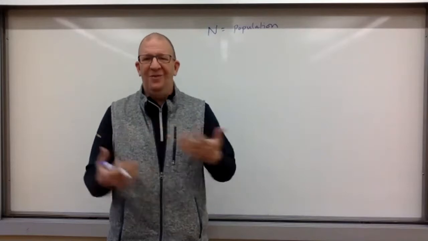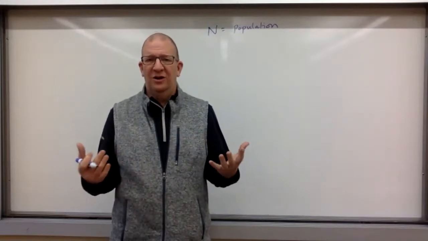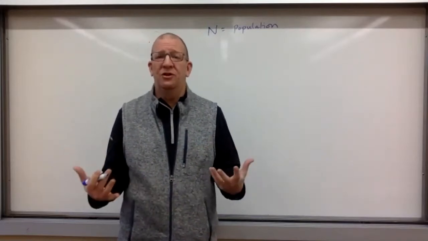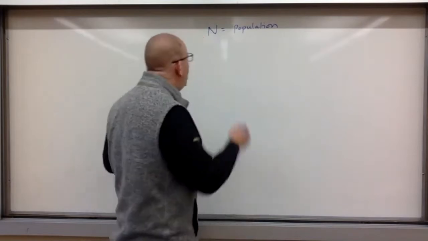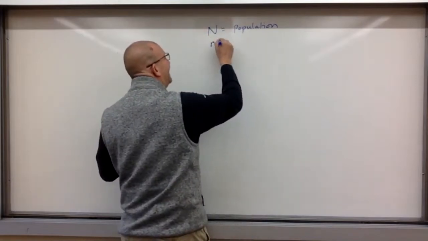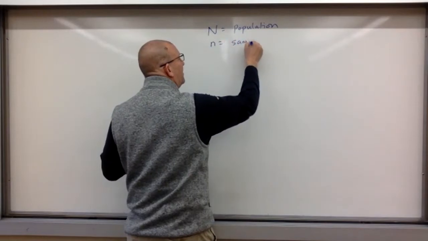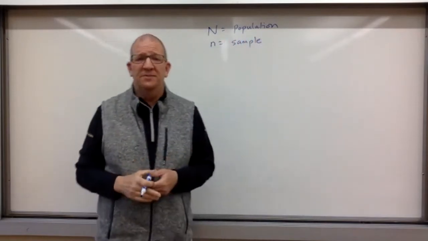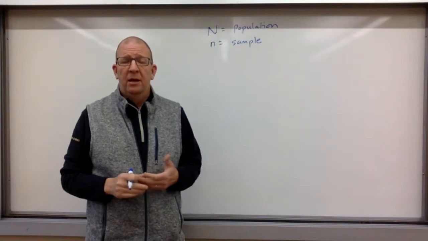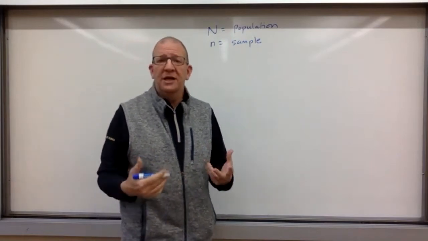But we can't really ask a question to an entire population of subjects, right? So what we do is we pick out little n, which is a sample. Now, there are lots of questions about this sample, and that's what we're going to talk about as we keep going through this.